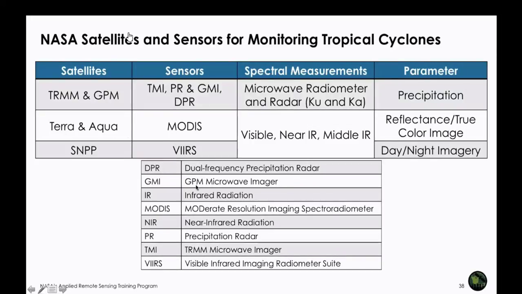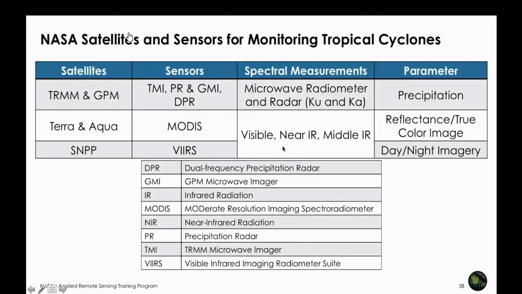Terra and Aqua MODIS, which is moderate resolution imaging spectroradiometer, that also is a widely used versatile instrument, and that provides reflectance from clouds or land surface or ocean surface. And so images are very useful in tracking storms. So when a storm already has originated, an approaching storm can be monitored using imagery.